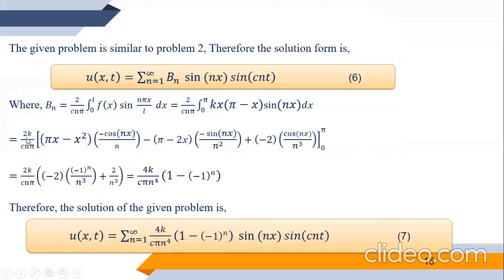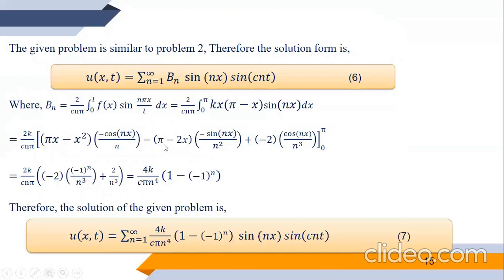Now k common, so 2k upon cn pi, the remaining term is (pi x minus x square) sin(nx). So we integrate this function using integration by parts. So pi x minus x square we consider u and sin(nx) we consider v.